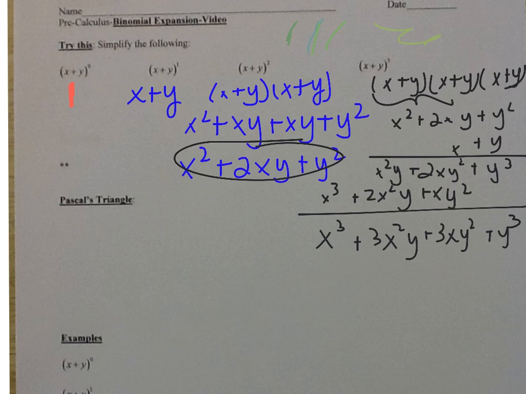What if I wanted to do like x plus y to the fifth power? Well, that's too much. So what we do is we could either use Pascal's triangle or combination. So let's write that down.